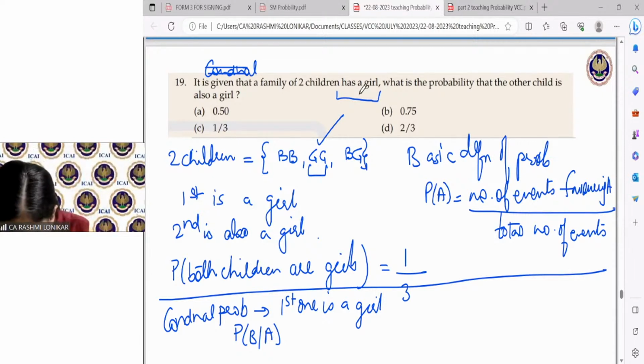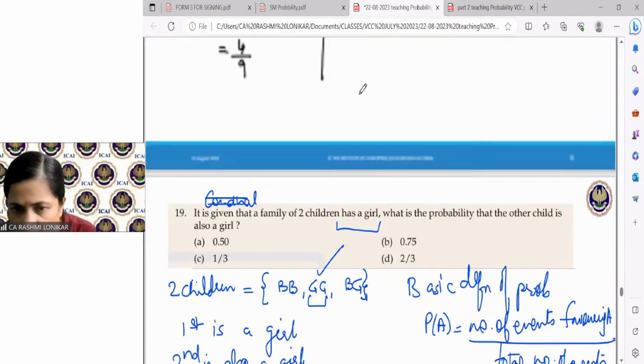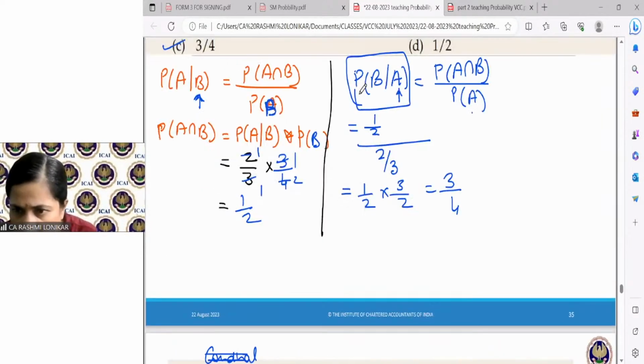Is that clear now? Nishi, 18th sum? 18th is very simple. Yes, Vaishnavi, that will also be the case. So then when you're reading, you will understand. Yes, Mohammed, yes.